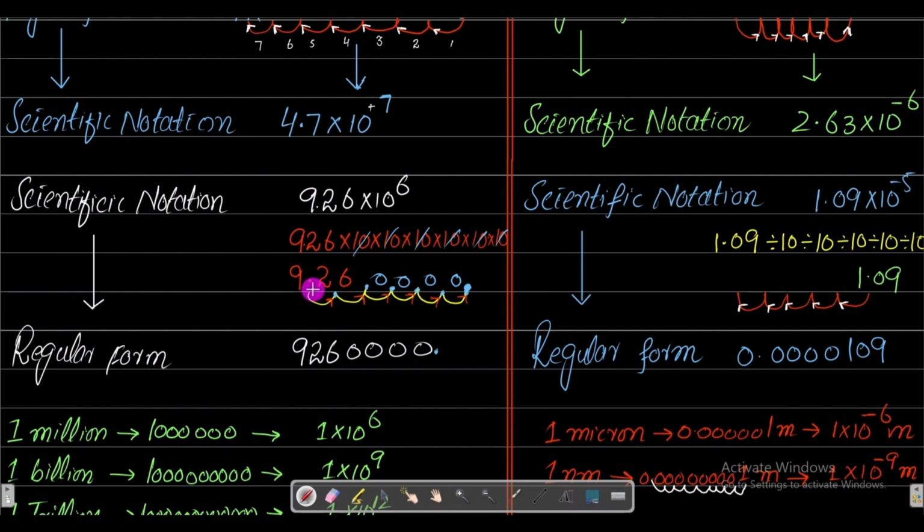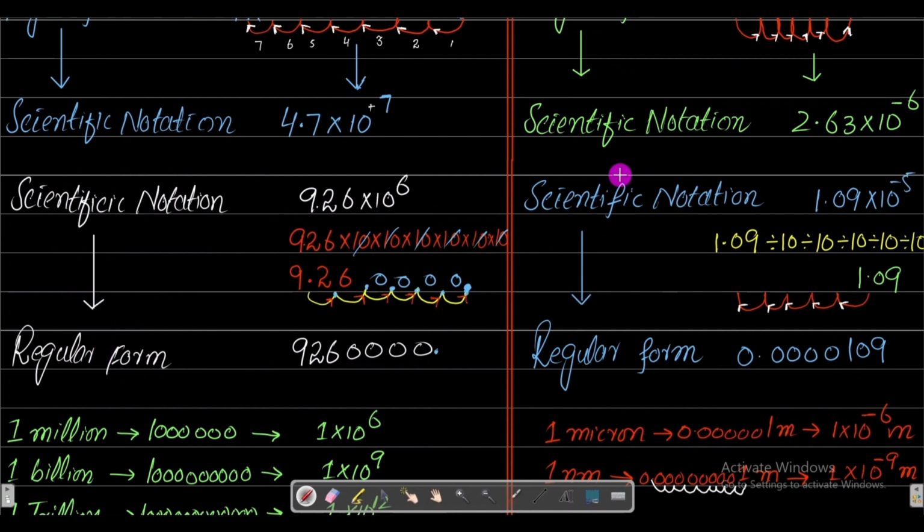That is 1 2 3 4 5 6. The same scenario is present here. This point from here taking the 6 steps is 1 2 3 4 5 and 6. So this is the reverse engineering of the scientific notation into the regular form.